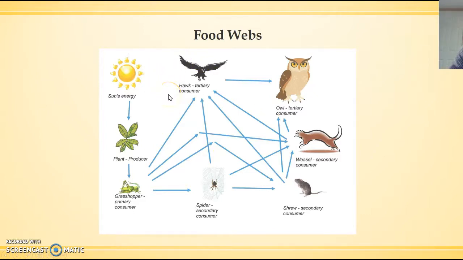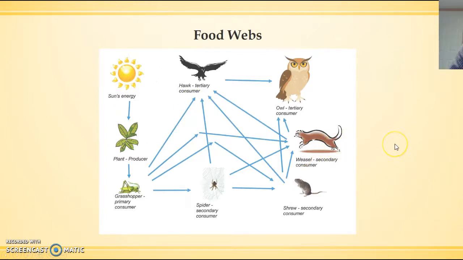So remember, when we had the string, those of us in the classes that did that, we all had the string linked together in this big web, and once one of us dropped the string, one of the life forms dropped out of that food web, it kind of threw things off balance, right? So all these creatures rely on other creatures in order to survive, to get the energy that they need. So that is how our food web works, and that's how we're able to get the food that we need. All the energy starts at the sun and flows down these models till it eventually reaches us.